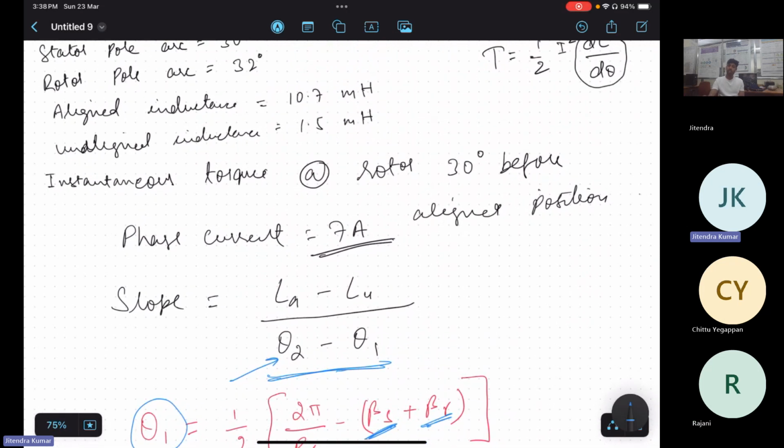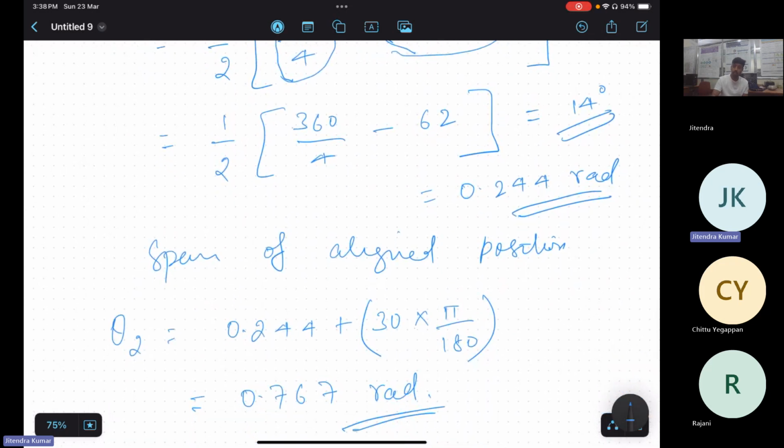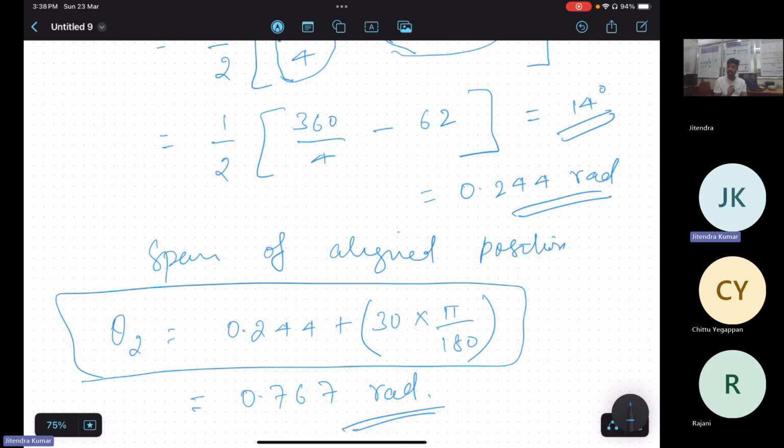Since we wanted to calculate torque 30 degrees before the aligned position, 0.244 is the unaligned position and we are adding 30 degrees, so we get the aligned position.